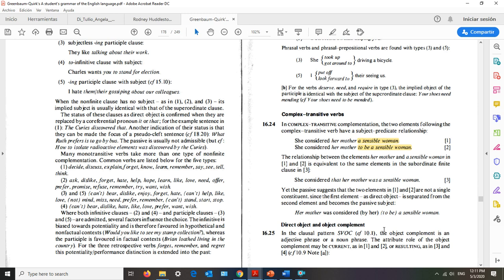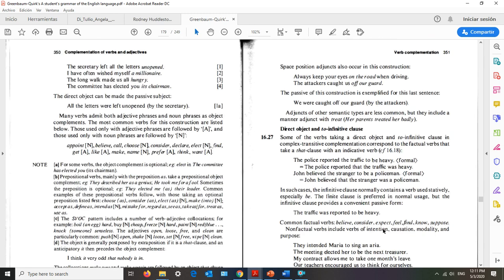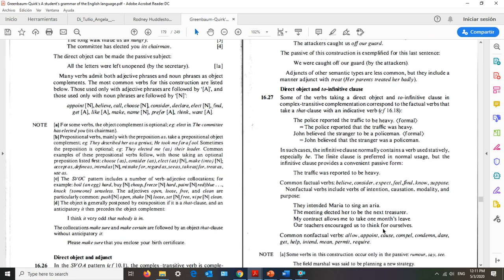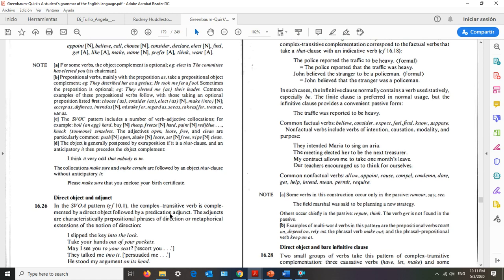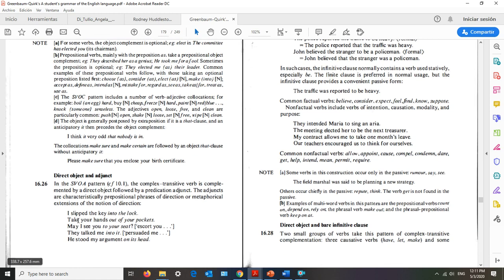Now, another possibility for the complex transitive pattern is to have a verb like slip, like take, like I am trying to highlight the more evident cases.